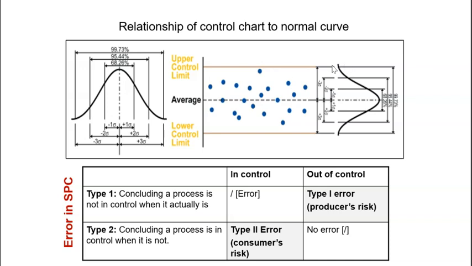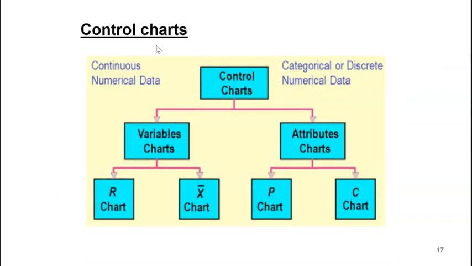When we look at the normal distribution, it actually represents the upper control limit and the lower control limit. So we make sure that all the process measurements that we collect are within the upper control limit and lower control limit. And these are the control charts.